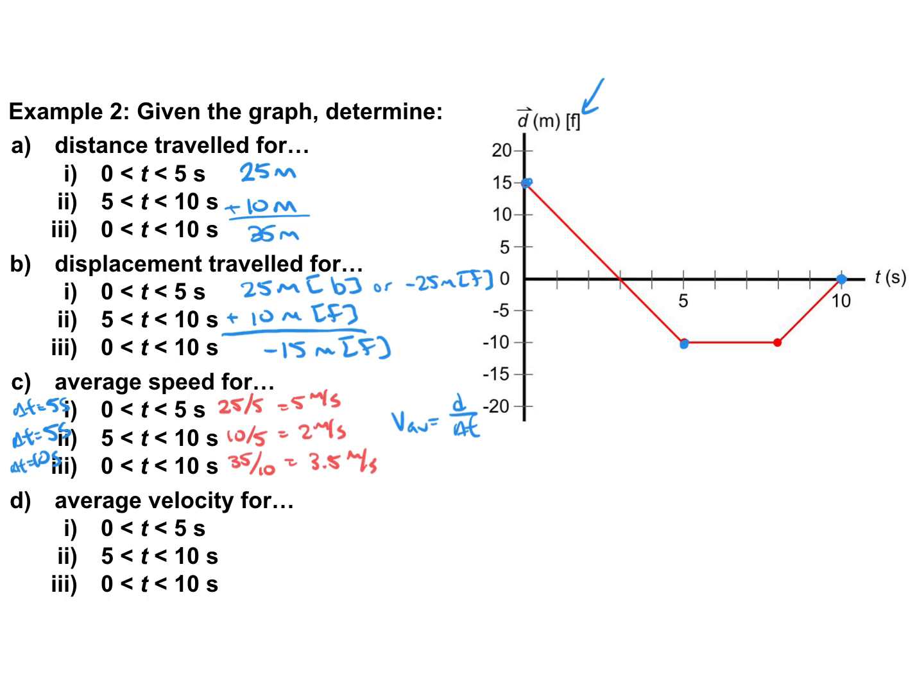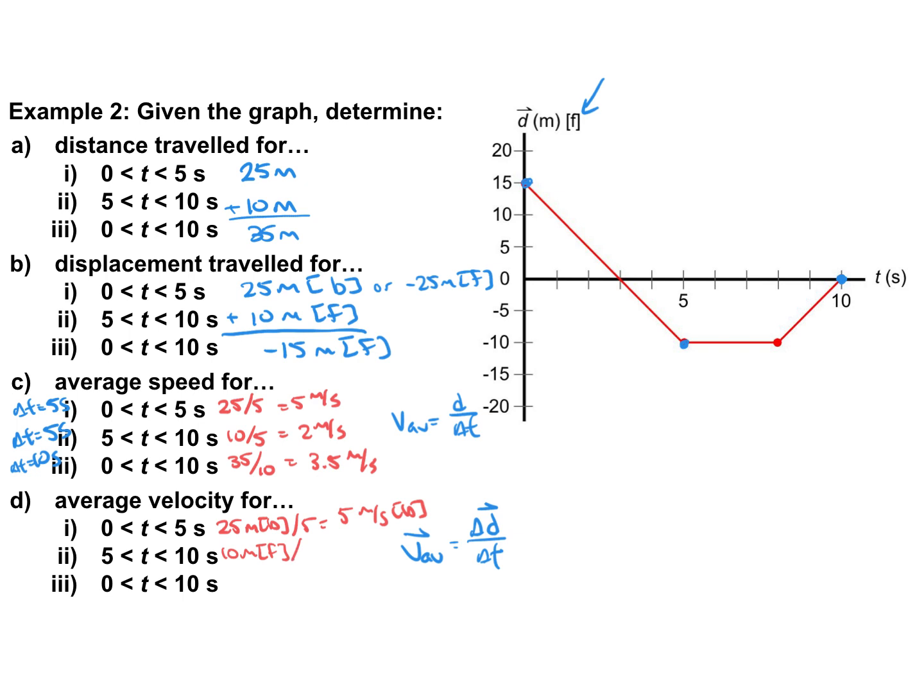And for average velocities, we will take our displacement answers from part B and divide them by the same time intervals. So for the first one, the displacement was 25 meters backwards. We're dividing this by 5 seconds. So that'll give 5 meters per second backwards. For the second one, we had 10 meters forwards as our displacement.